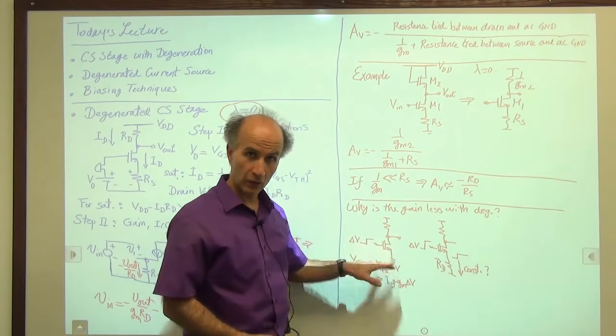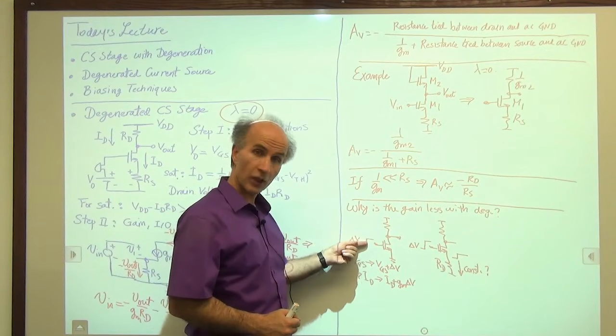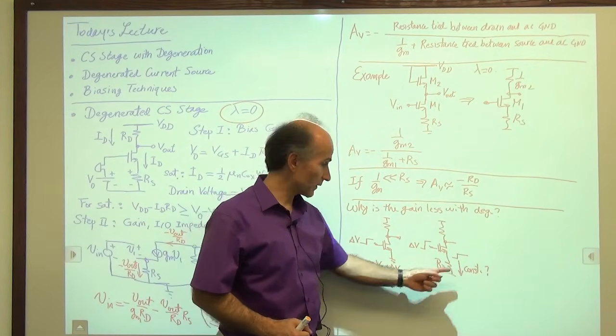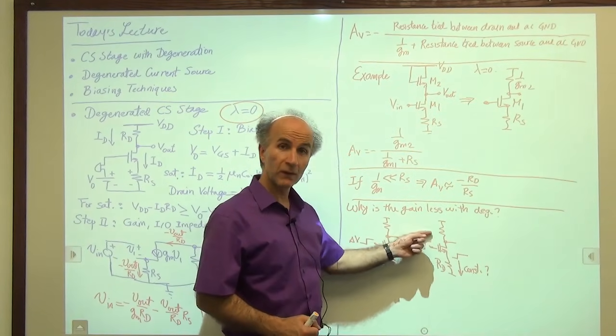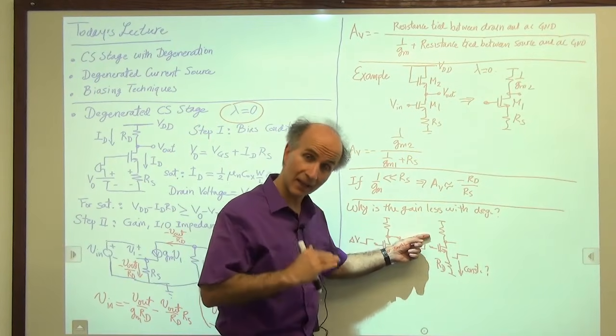This transistor here used to be strong, it had some GM. From that GM, it would convert a change in voltage to a change in current, right, according to this equation. But this resistor has weakened it, so when we give it a change of delta V, it doesn't give us GM delta V, it gives us less than that.